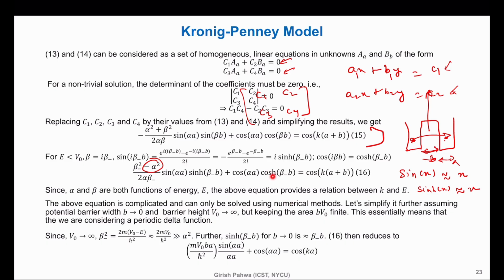Now cos hyperbolic of beta minus b, when beta minus b is very small, will be very close to 1. So you can simply replace this with 1, and b is very small, so you can neglect it here. So this becomes cos ka. Now we have a much simpler thing to work with.